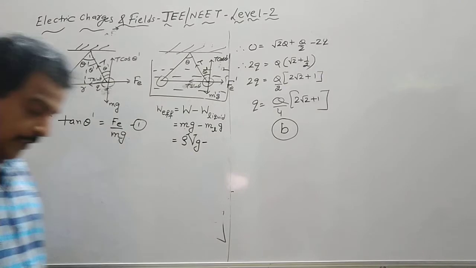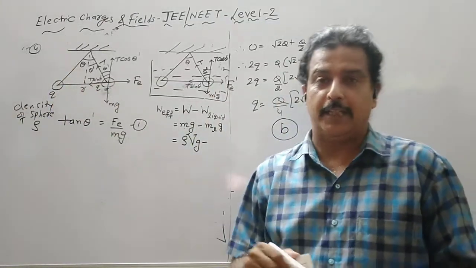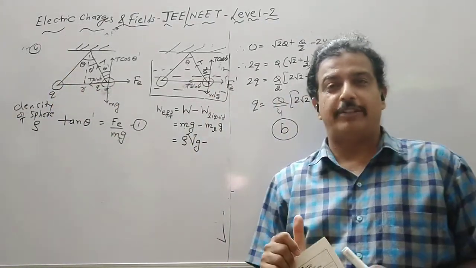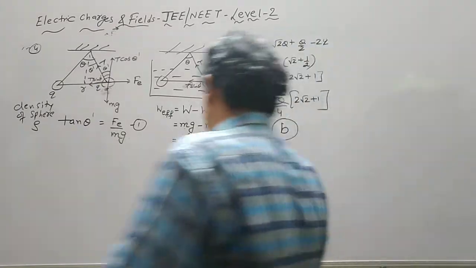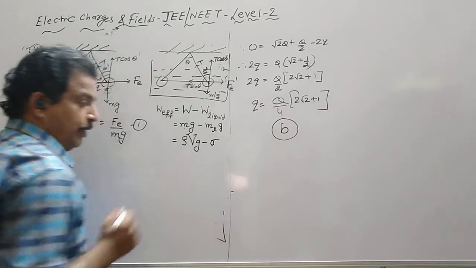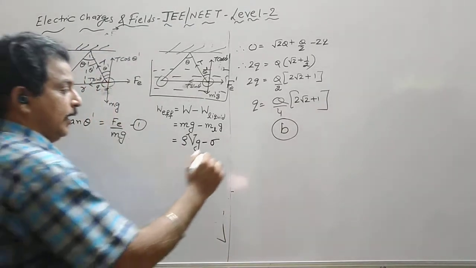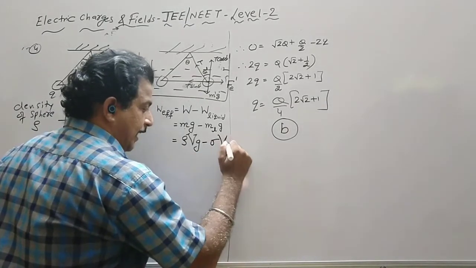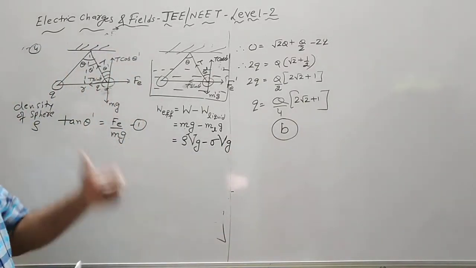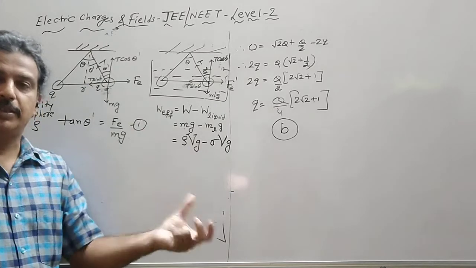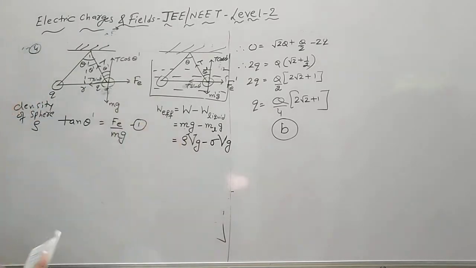By Archimedes principle, the mass of the fluid displaced is equal to the density of the fluid, sigma, times the volume, which is the same as that of the body. Whatever volume of fluid is displaced is always equal to the volume of the body.